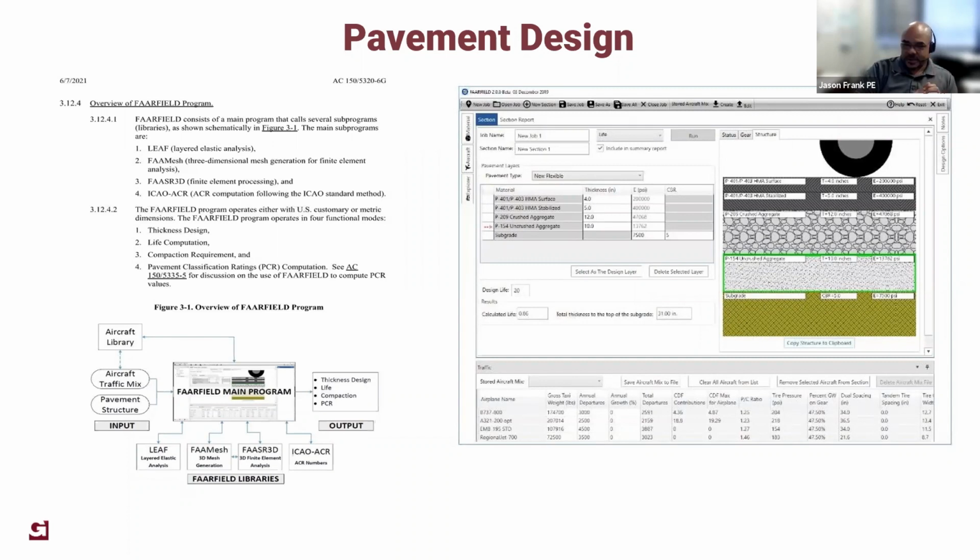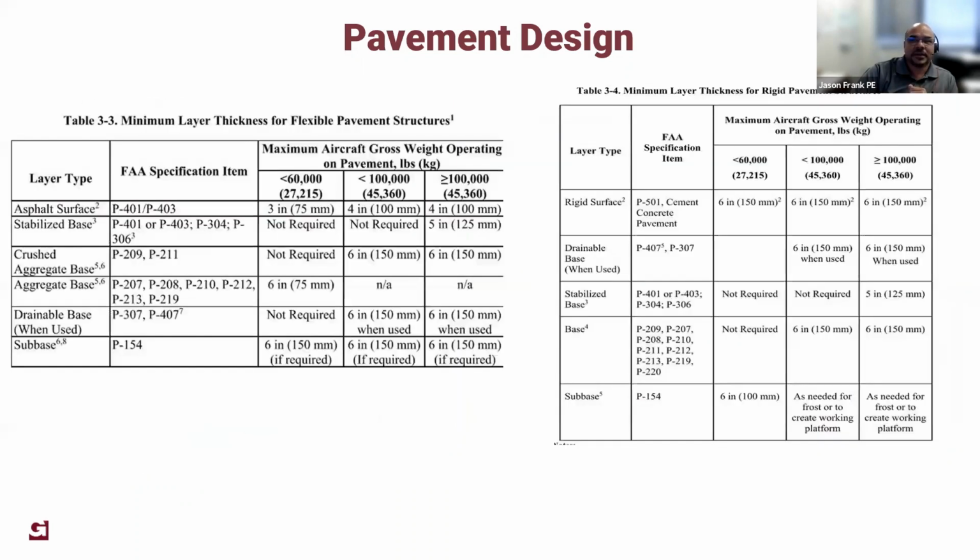It's just not as prominent here as it would be in the Midwest, so we have to make some changes to what type of stone we could use sometimes to be more efficient, but still meet the required pavement design. Here, for example, is again a list of the layers and thicknesses that the FAA puts out.